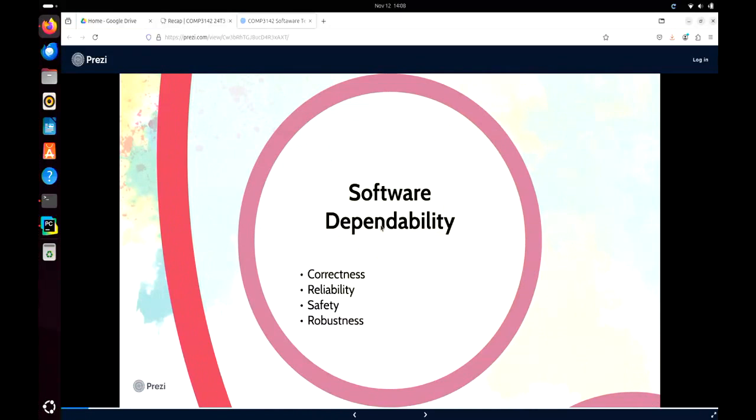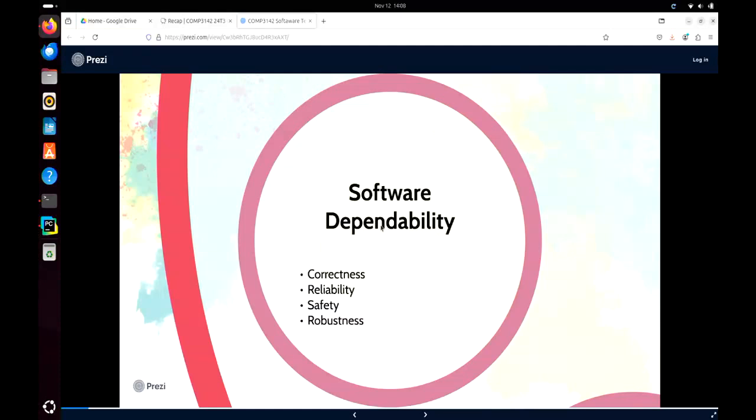So first, this course is not just software testing, it's software testing and quality assurance. Talking about software quality, what we care about the most is the dependability of software. And we covered 4 concepts related to dependability: correctness, reliability, safety, and robustness.